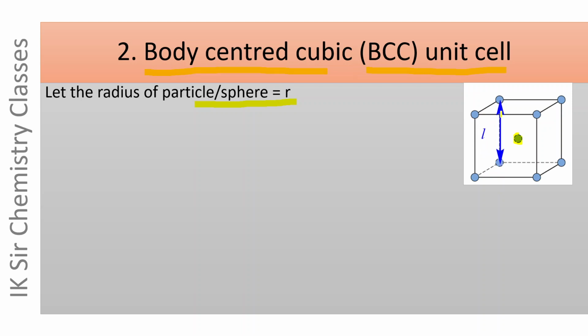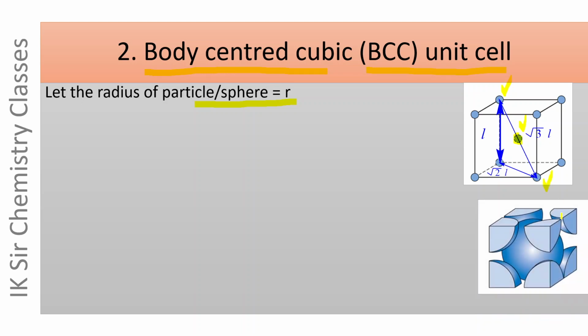This is the edge length of the BCC unit cell. This is the face diagonal, and it is nothing but root 2 L, and this is the body diagonal of the BCC unit cell, and the body diagonal will be equal to under root 3 L. In actual practice, these three particles which are present at the body diagonal touch each other.